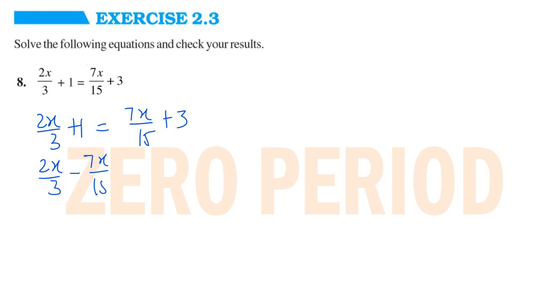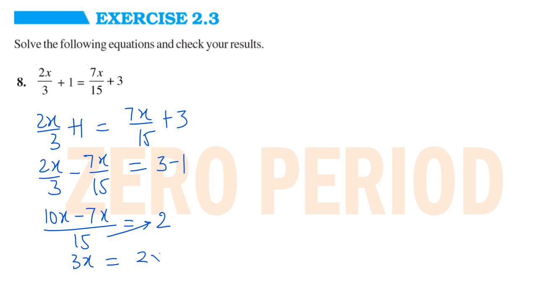Put them together by using transposing and then 3 minus 1. 3 and 15 have LCM 15, 3 fives are 15, so 5 twos are 10, and here 7x remains and it will be 2 only. 10x minus 7x is 3x and then I am transposing this 15 to the right hand side this way, 2 into 15. Then x is equal to 2 into 15 upon 3, 3 fives are 15, 5 twos are 10. Now go for checking.